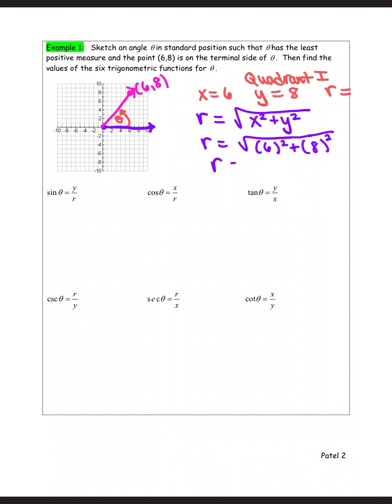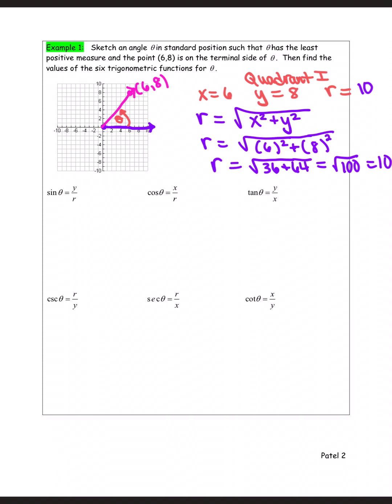So r is equal to the square root of 36 plus 64. We're going to add first. 36 plus 64 is 100. So we have the square root of 100, which is 10. So we know that r is 10.